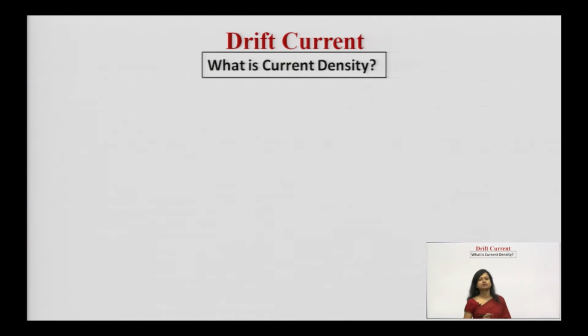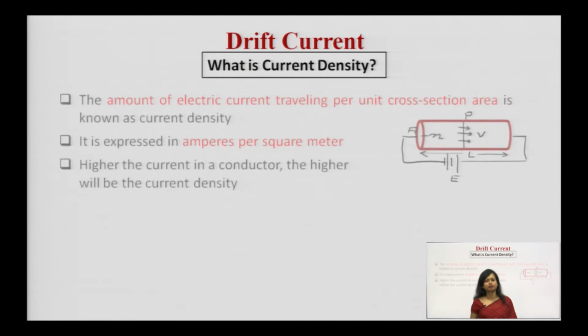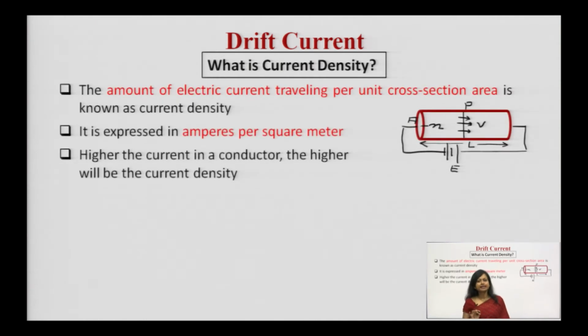Now let us understand what current density is and how you can relate it with the other terms. You must have studied current density in your schools as well, so this is just to revise and enhance it so that you can relate it with the other parameters. What is current density? The amount of electric current traveling per unit cross sectional area is known as the current density.